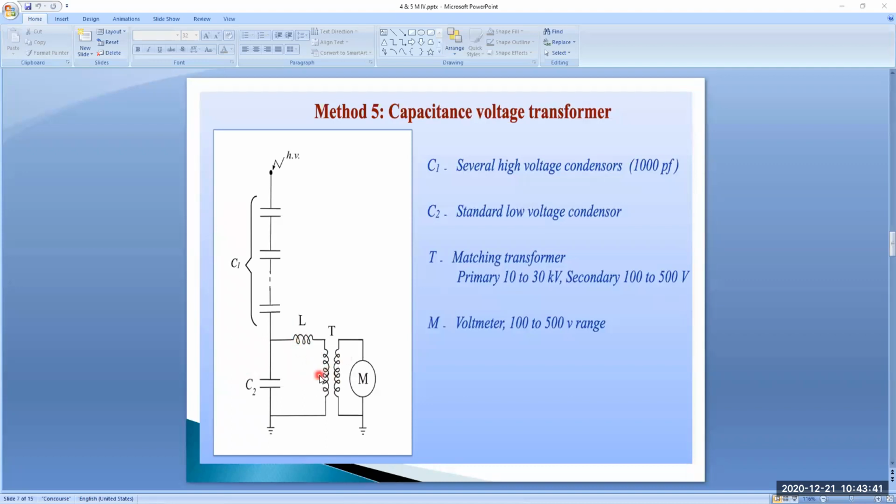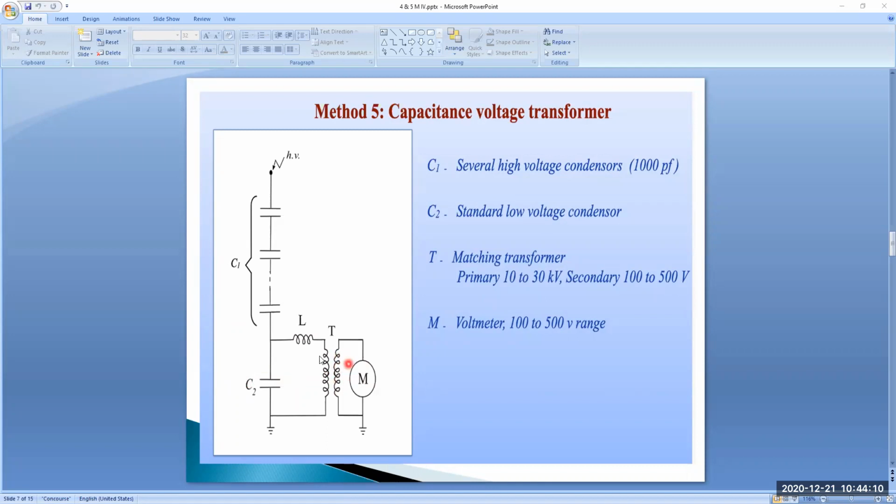Under resonance condition, whatever voltage appears across the capacitor C2 is in phase with the secondary terminal of the matching transformer.